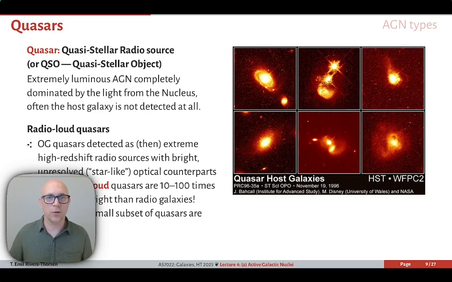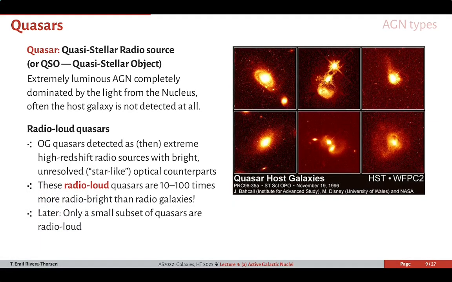Quasars mean quasi-stellar radio sources. These are extremely luminous AGN which are completely dominated by the light from the nucleus. Often we cannot even detect the host galaxy, and these are basically just point sources when we look at them in optical or UV light, which is why they're called quasars.